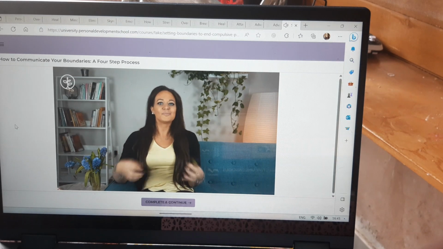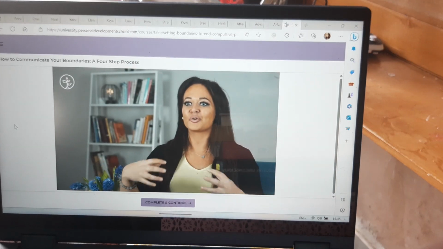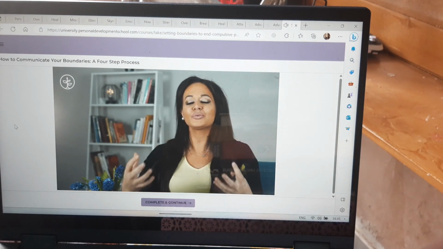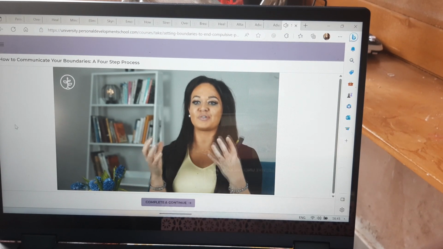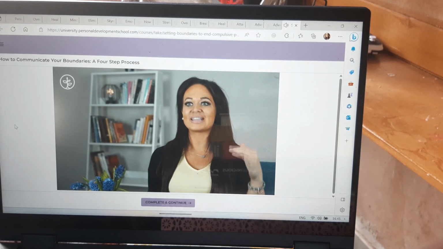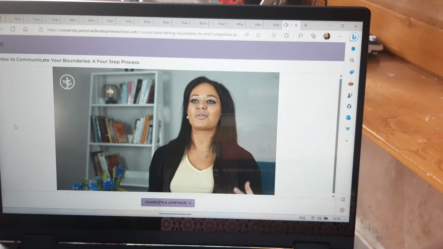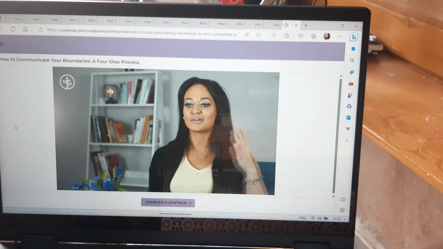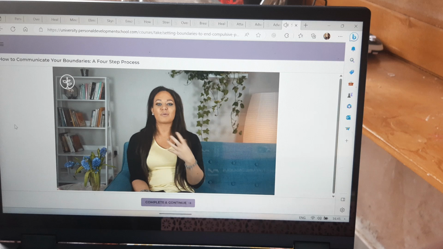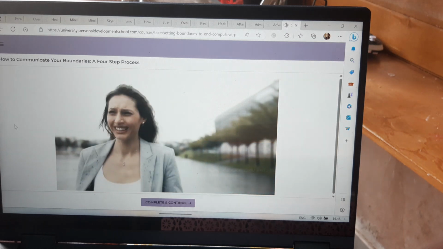Make this sort of an artistic thing that you create and you work on and you tweak and you add to over time so that you're really making this yours and your truth, okay? This is for you, point blank period, this is for you and the overall health of your relationships long term and your life.